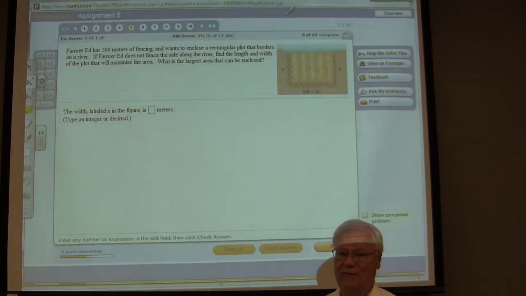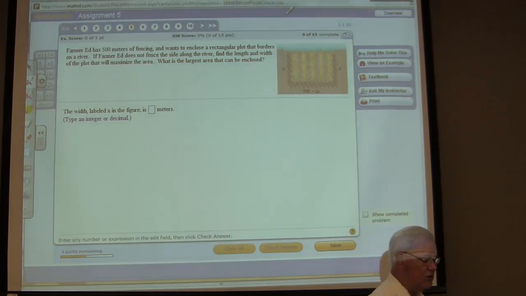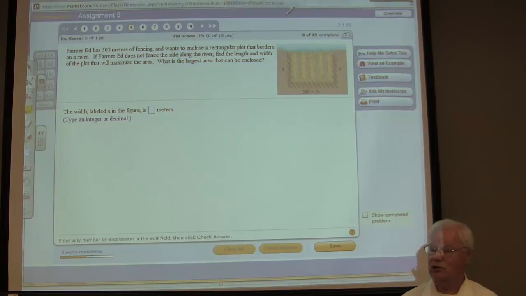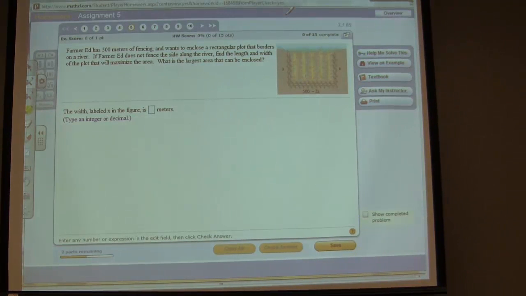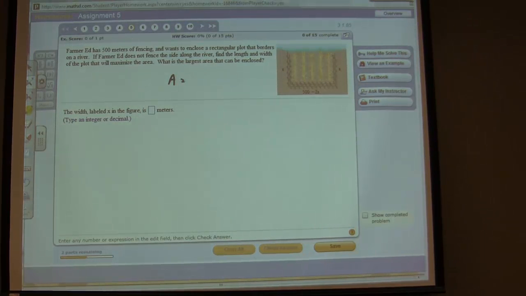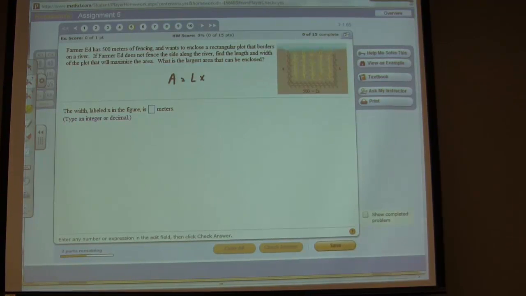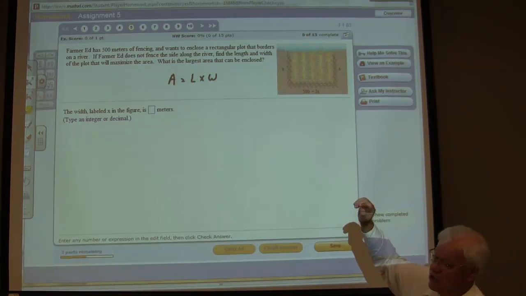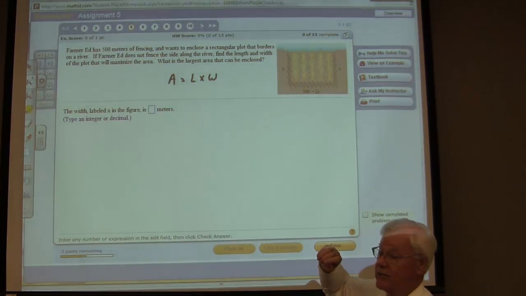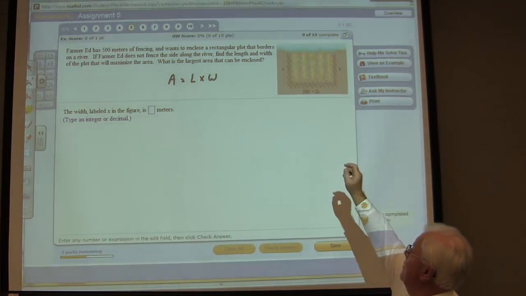Well, first of all, we have to go back to something we learned many years ago, and that is the equation for the area of a rectangle. The area of a rectangle is length times width. And looking at the drawing, they've actually given us the length and the width. They've said, let's make the width x.